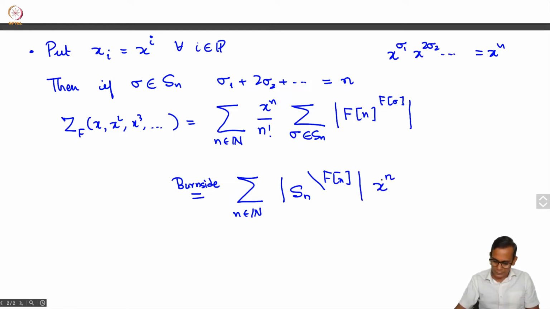Okay, so it's now an ordinary generating function, and what it counts is the number of Sn orbits on Fn. We are thinking of Sn as a permutation group on Fn.